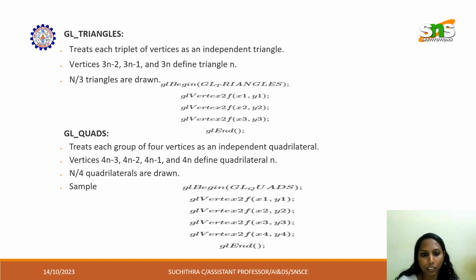These are the 4 vertices that define quadrilateral n. n/4 quadrilaterals are drawn. glBegin(GL_QUADS); glVertex2f(x1, y1); glVertex2f(x2, y2); glVertex2f(x3, y3); glVertex2f(x4, y4); glEnd().